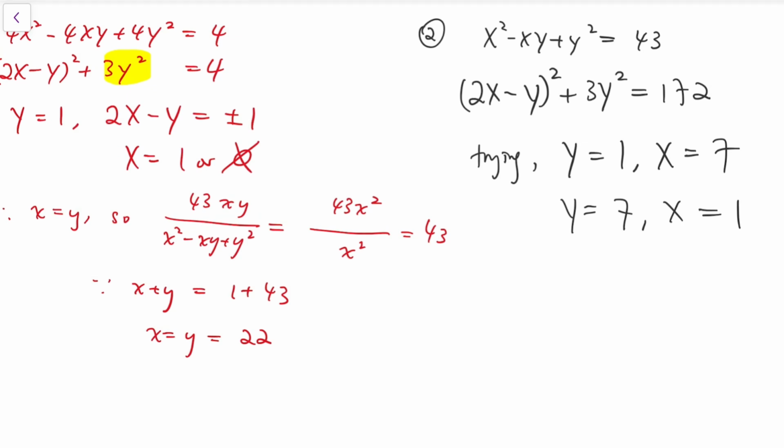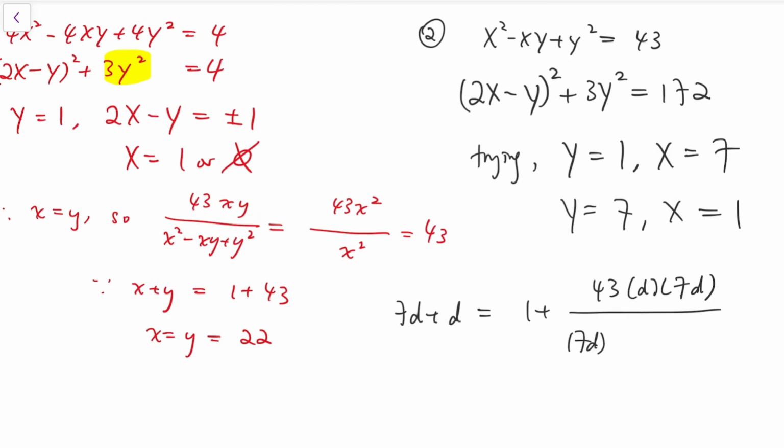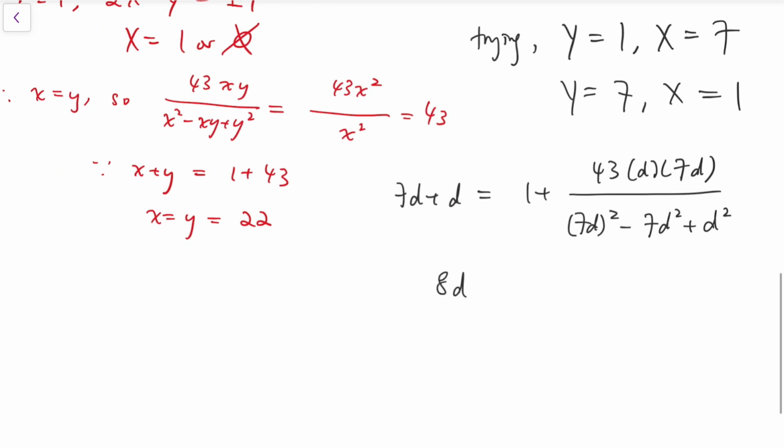Then going back to small x and small y, for the left side we have 7d plus d, and then we have 1 plus 43 times d times 7d, all divided by 7d all squared minus 7d squared plus d squared.